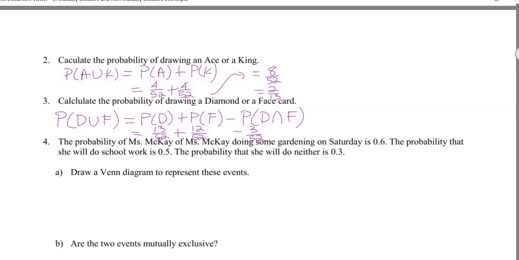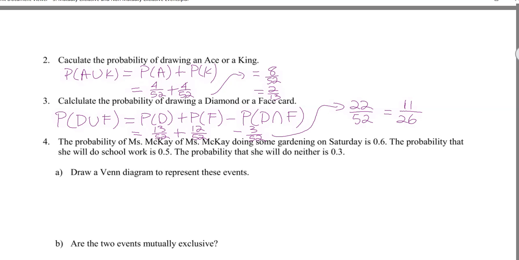So if we counted them twice, we have to subtract that off. Remember, we're not going to reduce these because they all have a common denominator. 13 plus 12 is 25 minus 3 is 22 out of 52, which would be 11 out of 26. Okay, and again, any of these can be converted to decimals, and then you kick the decimal 2 places to the right, and you've got a percent.